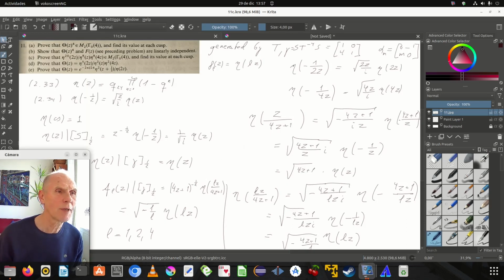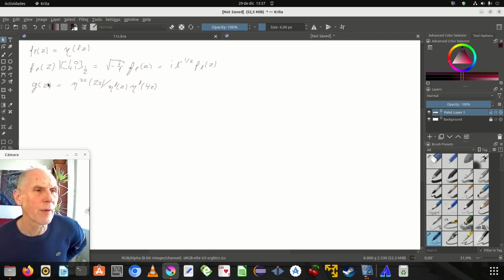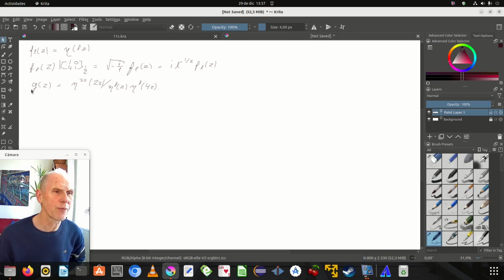I have now copied this formula and the function here to the next page. There we go. And all we need to show is that G is invariant under this matrix, and we'll just check when we operate on this, how many factors do we get of 4z plus 1.